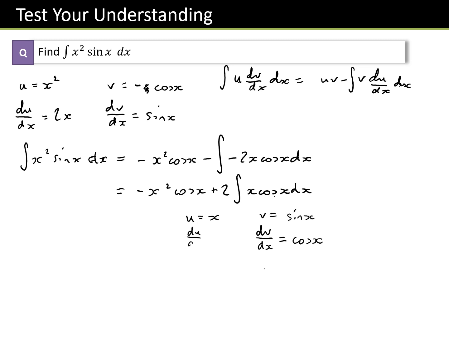du is equal to 1. So this is all equal to minus x squared cos x plus 2 lots of uv, x sine x, minus the integral of v du dx. v du dx is just sine x.